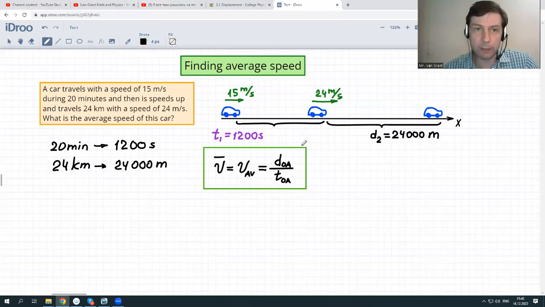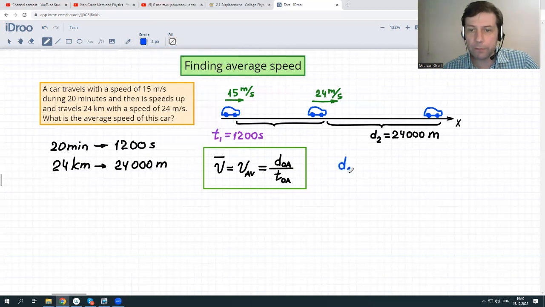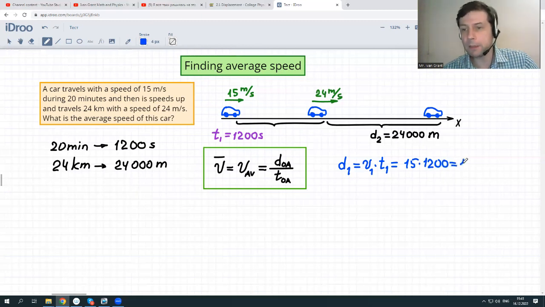Basically, it's quite easy stuff. Let me do it maybe in blue color here. The distance of the first part is the speed of the first part times the time of the first part. What will we get? We'll get 15 times 1200, and that's 18,000 meters or 18 kilometers. That's perfectly okay with us.